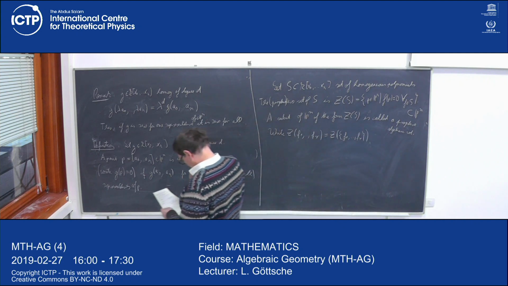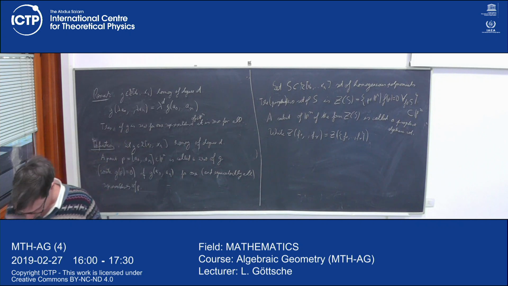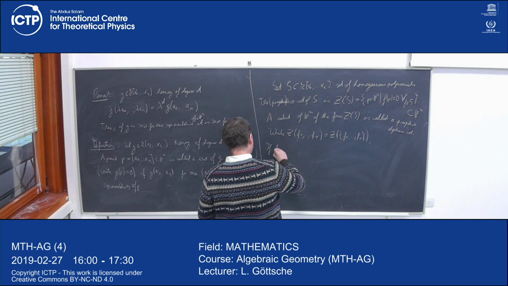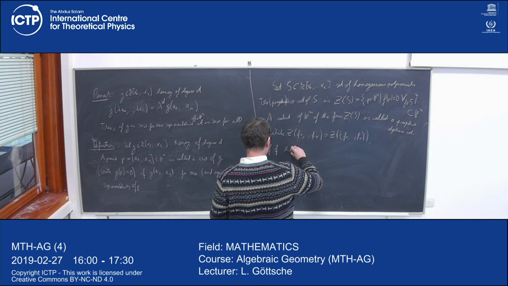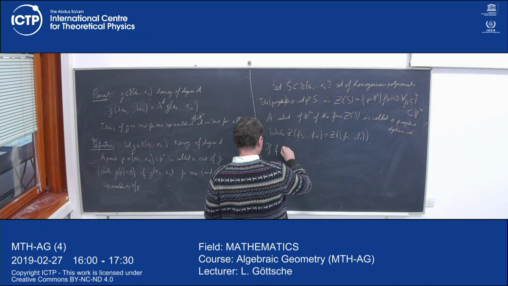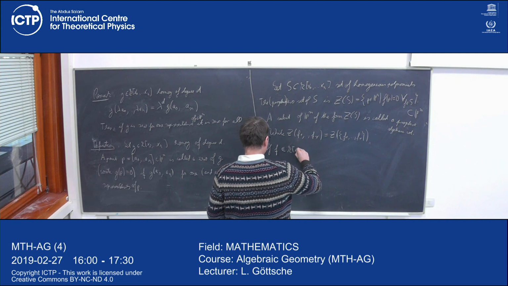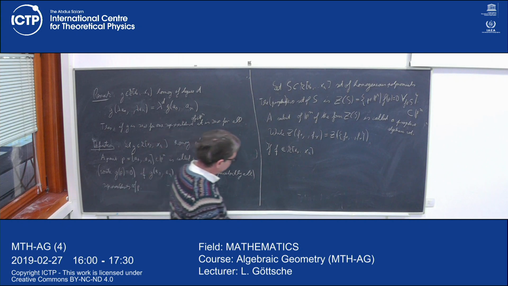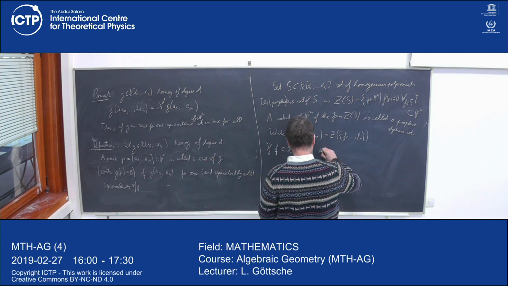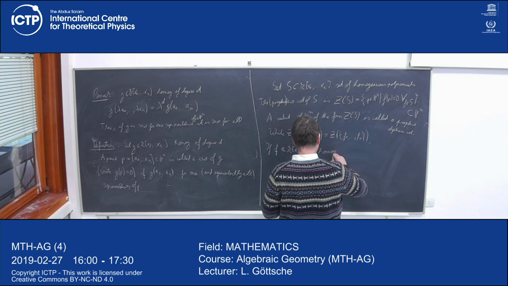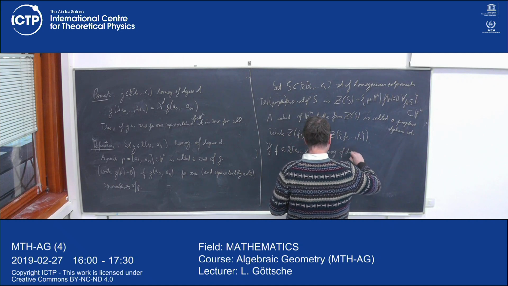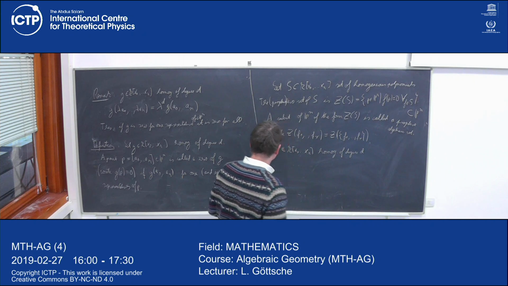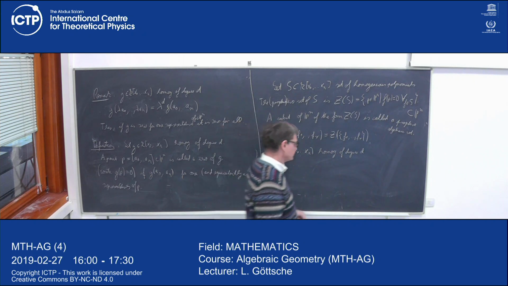And so, just to introduce all the words that we want to use in the future, if f in K[x0, ..., xn] is homogeneous of degree d, we would call the zero set of f a hypersurface.